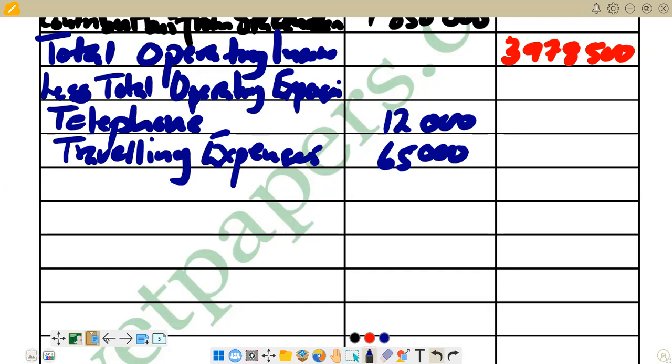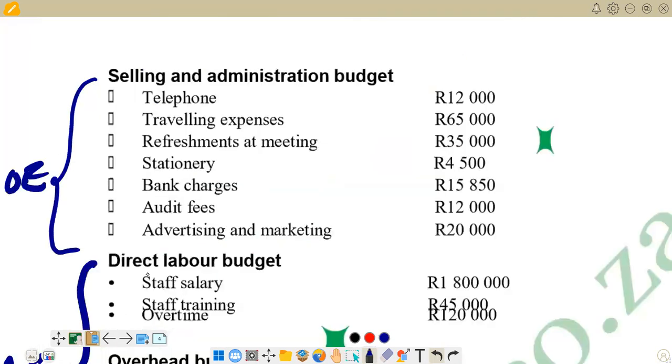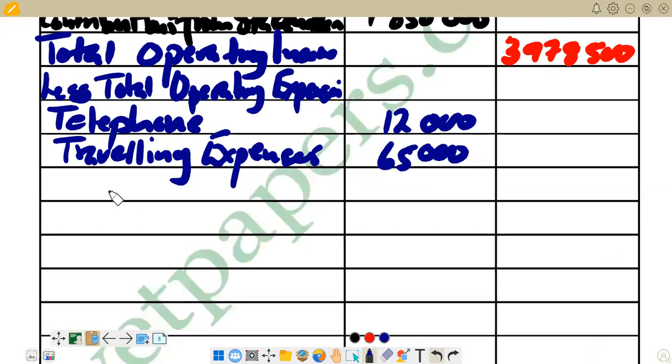Then we can go back to check other operating expenses. Then beneath that, we've got refreshments at meeting, 35,000, and also we have stationery, 4,500. These are all operating expenses, so we can go and list them beneath traveling expenses.